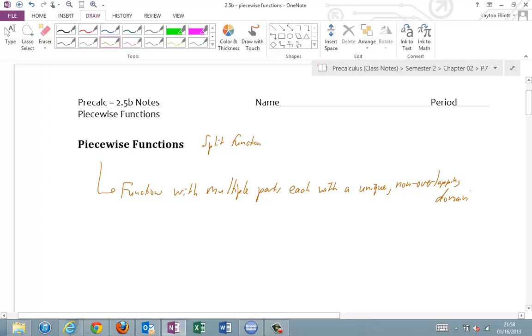That's an important thing right there, that they cannot be overlapping. Overlapping domain means it's not a function, which is a contradiction. So let's not contradict ourselves and keep it that way.